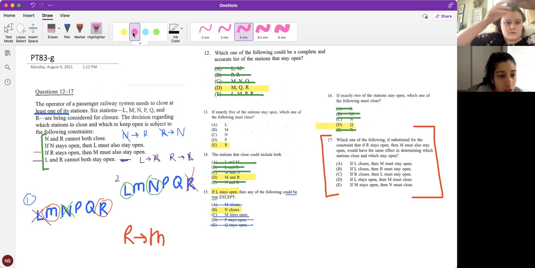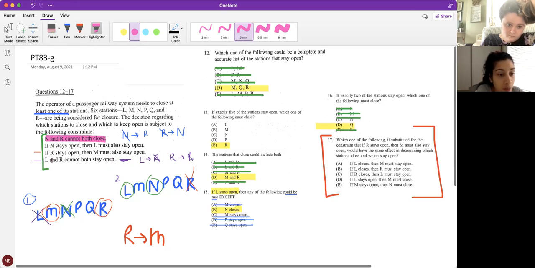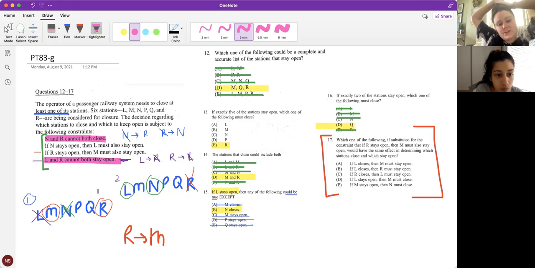Well, in the first rule, N and R cannot both close, and L and R cannot both stay open. And so I want to think about this in terms of if R is open, M must be open. Can I say something with another rule that makes that happen without saying that essentially? That if R, we have M.